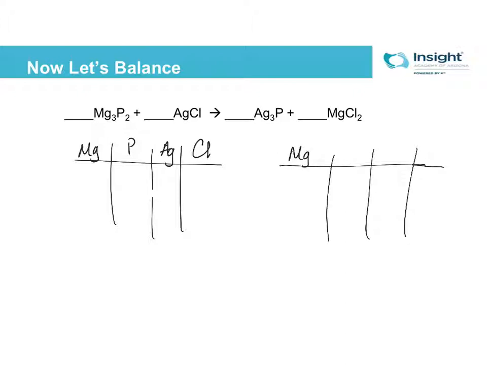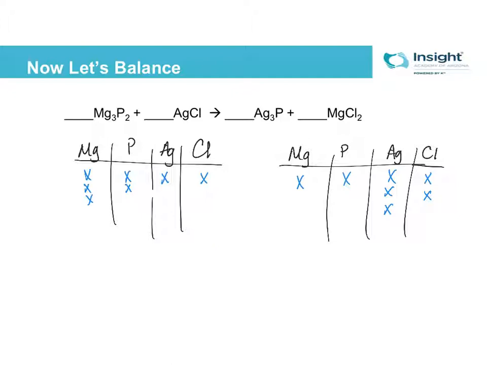And this is where it does come in handy to write these out in the same order as your reactants, even though that's not going to be the order that they show up in the equation, because it makes it easier to see when things become even. So I've got 3 magnesiums, 2 phosphori, 1 silver, 1 chlorine. Got 1 magnesium, 1 phosphorus, 3 silver, and 2 chlorines.